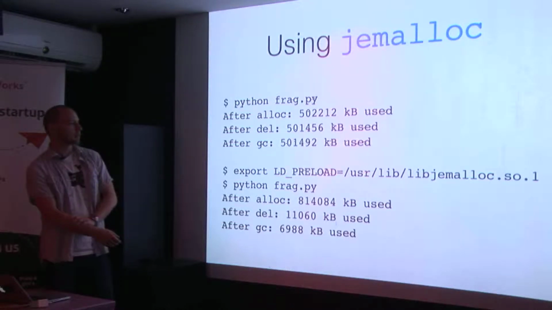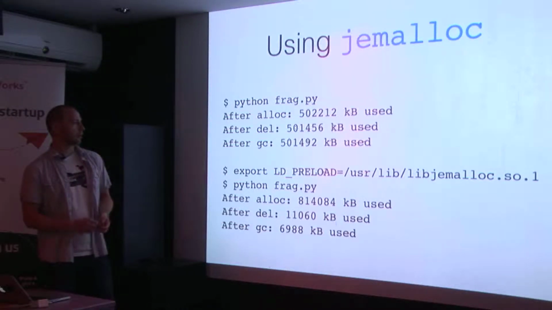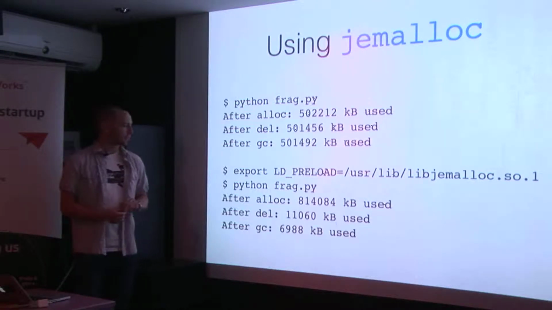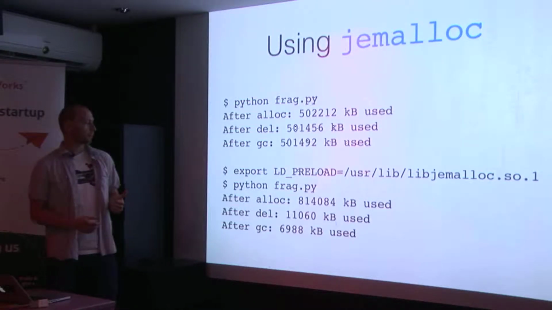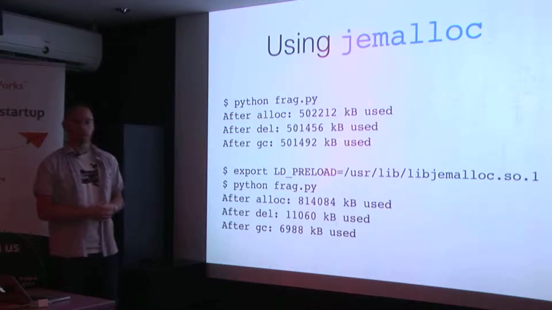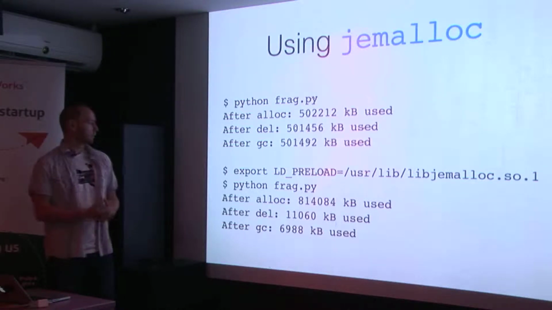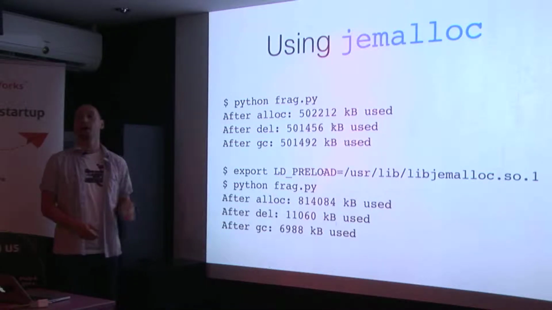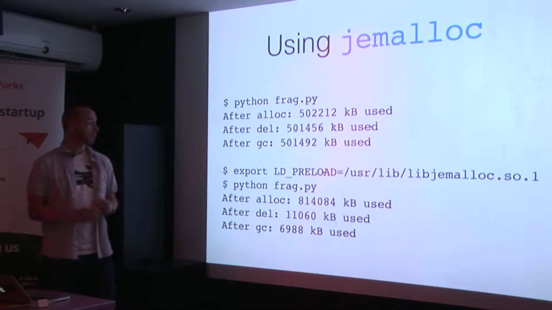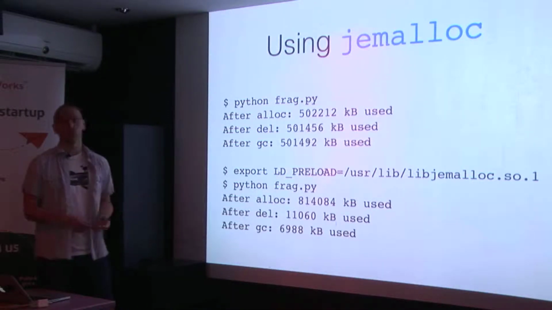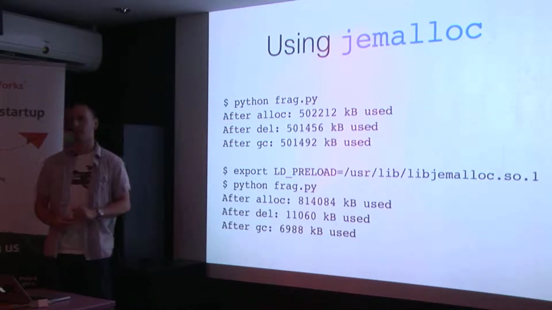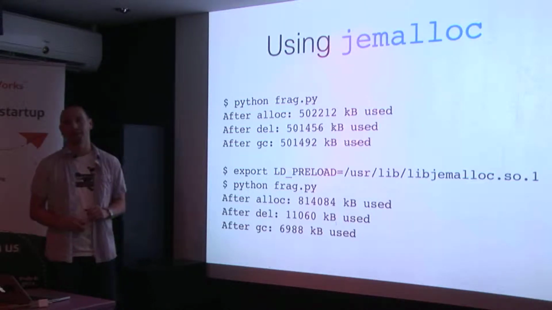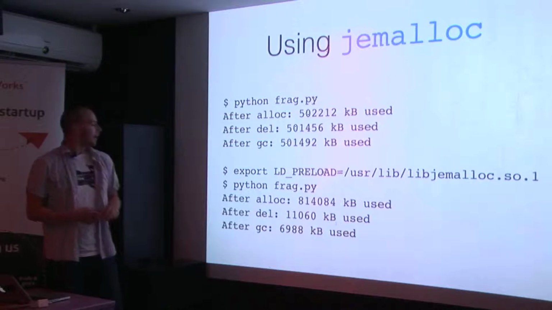After preloading this malloc library, we see different things. First of all, the top memory use is way higher. That's 60% more memory. So if you use this, you have to be prepared to have more memory at peak times, if you're as stupid as me to have half a gigabyte of memory in your web application process.